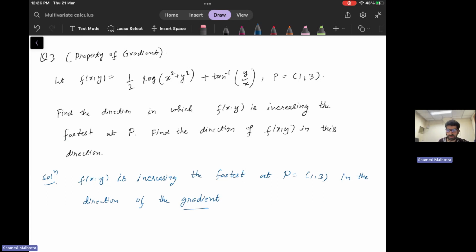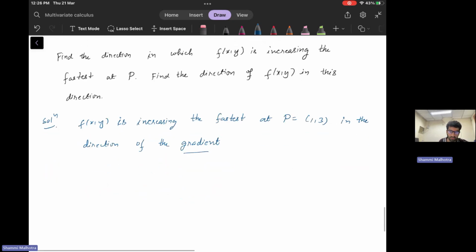So we have to basically evaluate the gradient only. To evaluate the gradient, I just have to evaluate the partial derivatives at the particular point. So the direction is the gradient of f at the point (1, 3) divided by the norm of the gradient, to make it a unit vector, because directions are unit vectors only.